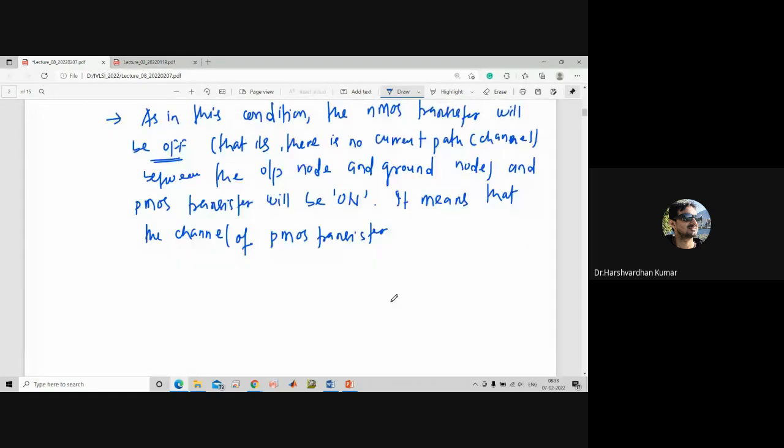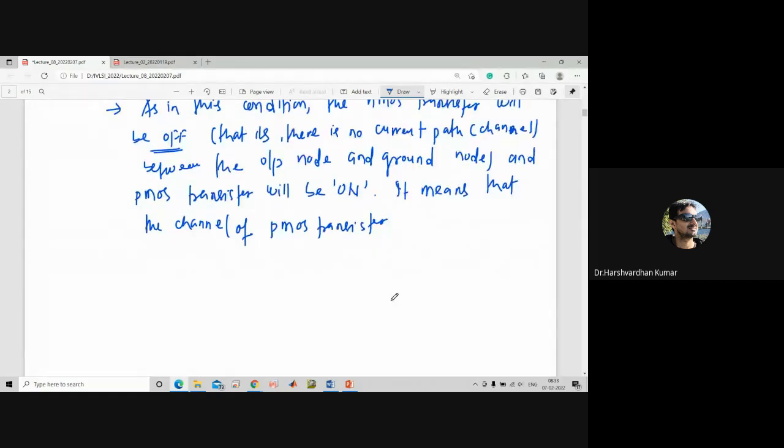In which state or mode of operation is it? Cutoff, linear, saturation? It will be in the linear region. Saturation means there will be no further change in current.